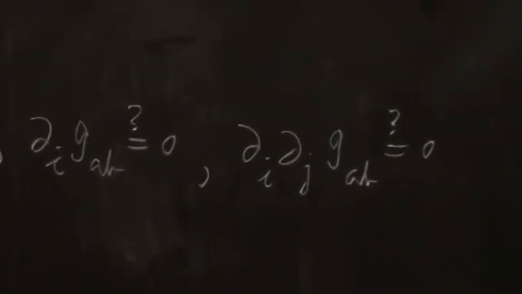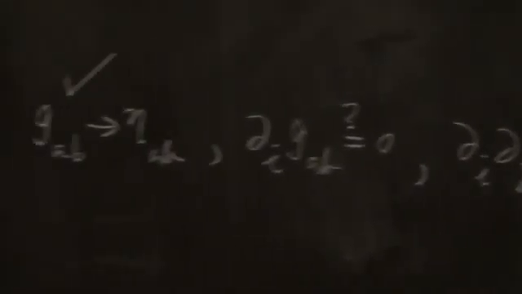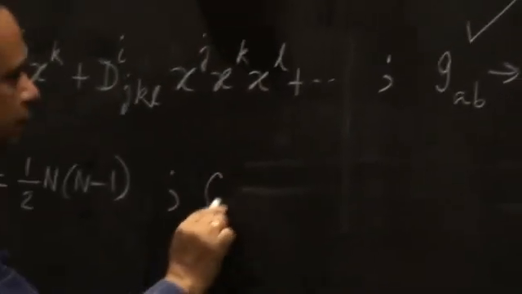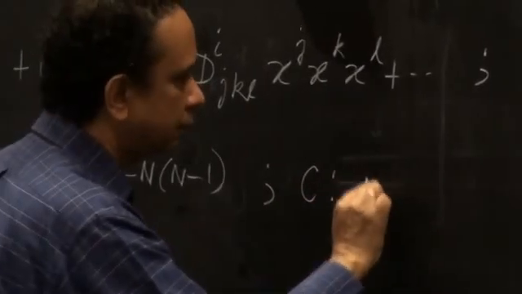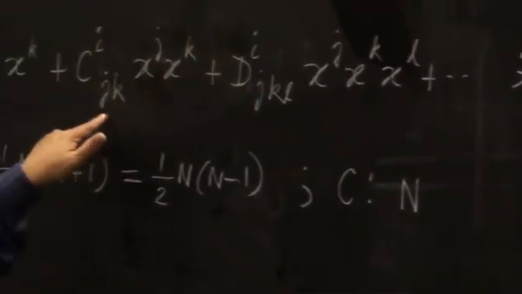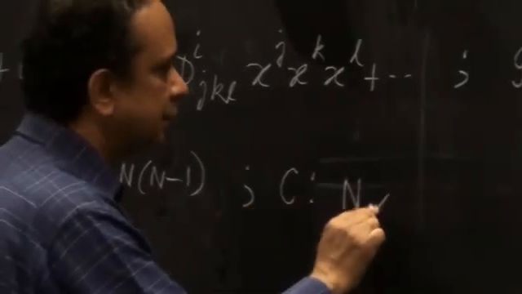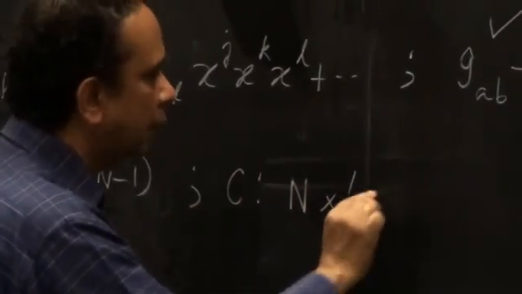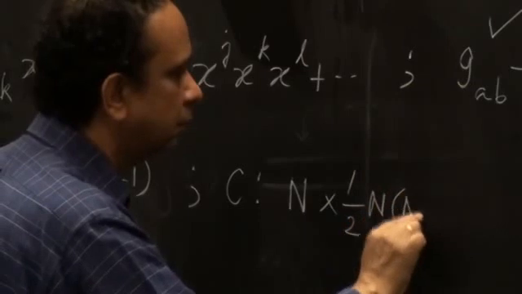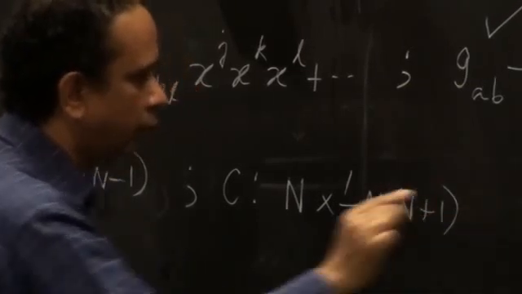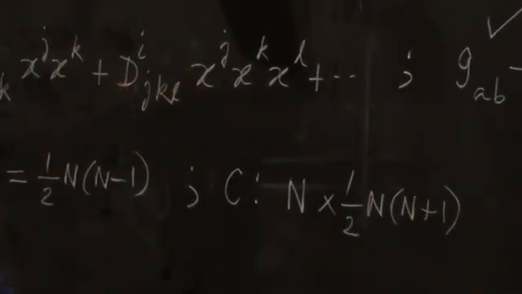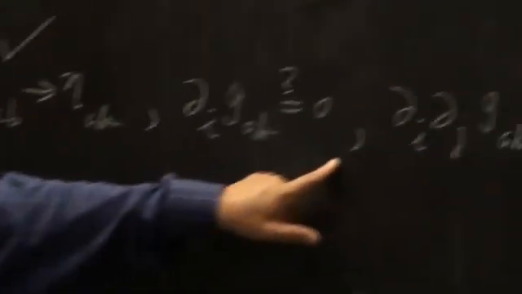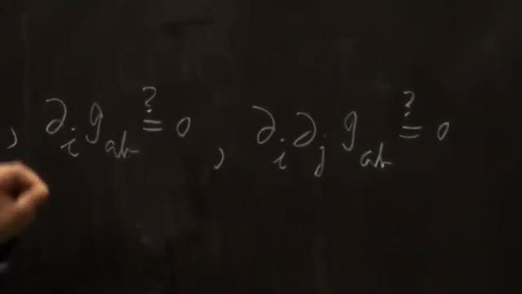Okay. Now let us look at this. Again, we count how many degrees of freedom we have in C, for example. So in C, I can take n values, and then this is symmetric, so that is this into half n into n plus 1. And I have to use that to set this equal to 0. Interesting, it is exactly matched.